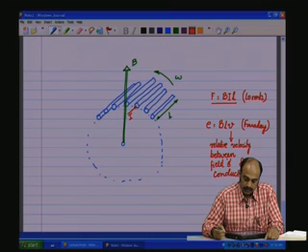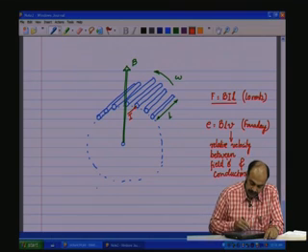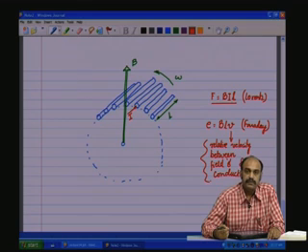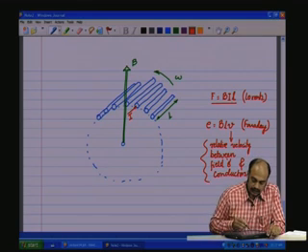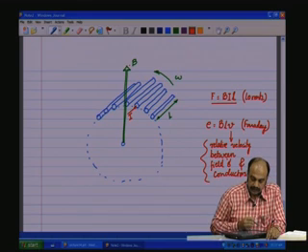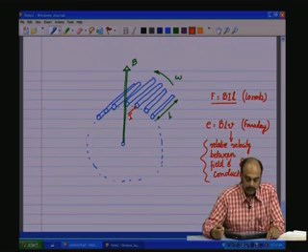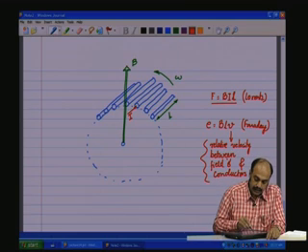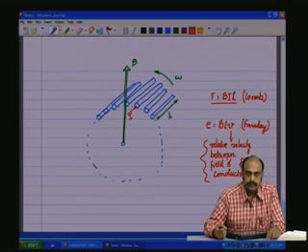So, the main question is, how do we bring about this relative speed between the vertical, the green B phasor or the B field, and the conductors which are orthogonal to each other, or how do we make the B cut the conductors.